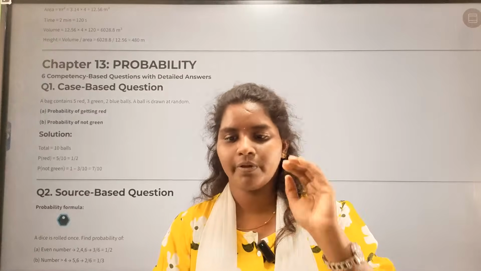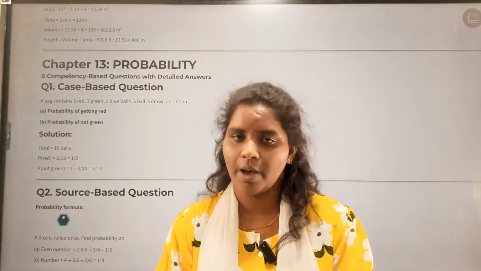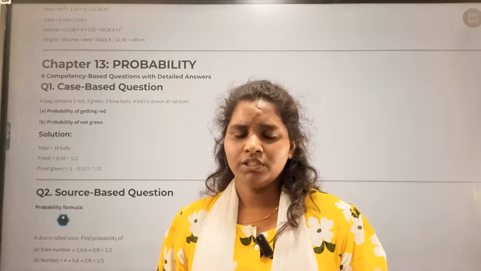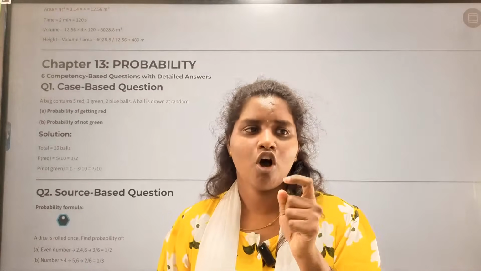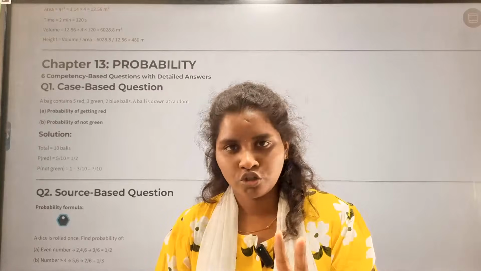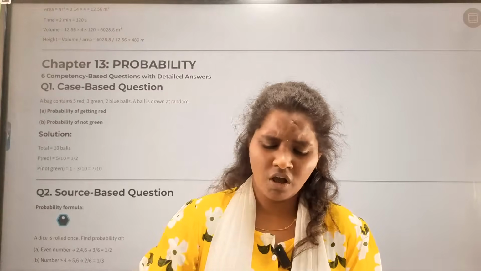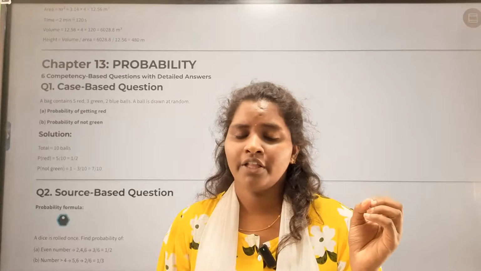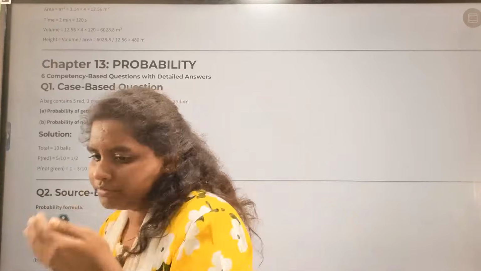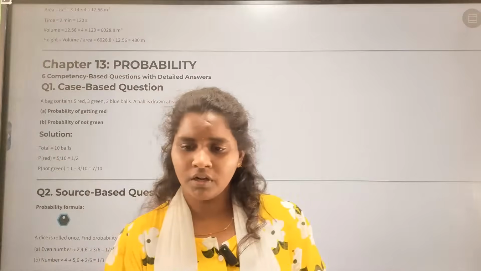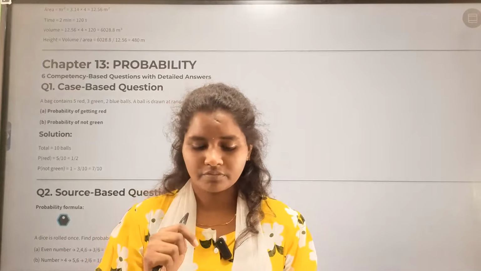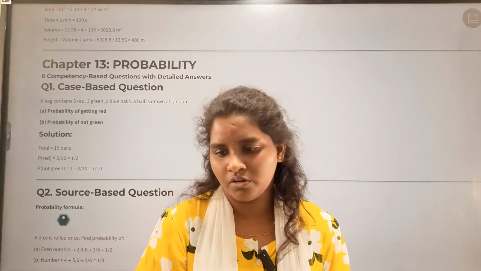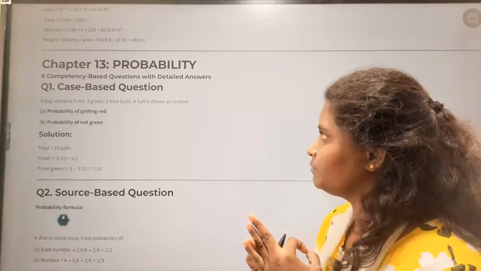So favorable cases divided by the total sample space is the probability. The questions are about tossing one coin or two coins, throwing one die or two dice, and cards based, where we have 52 cards. So these are the three types.